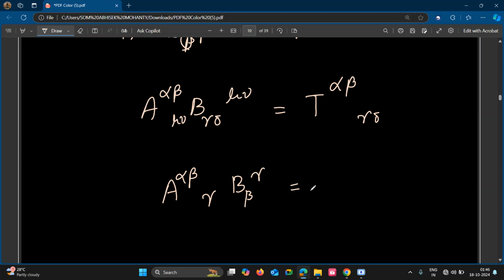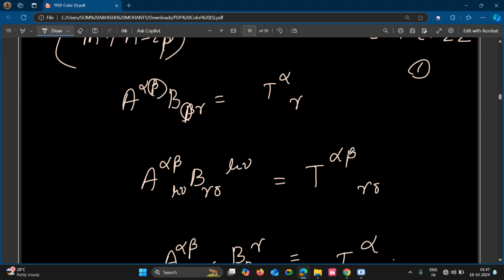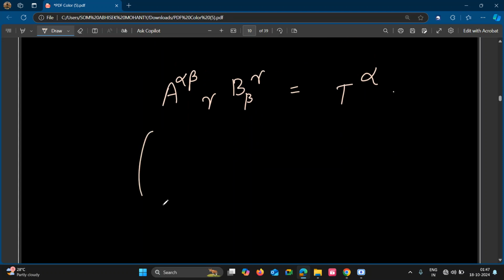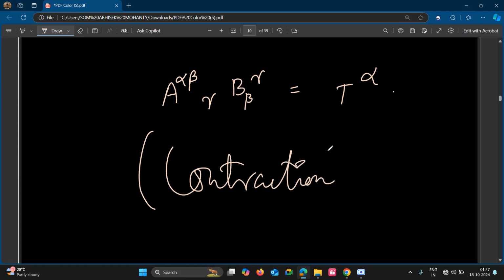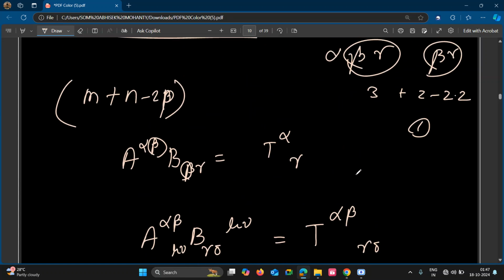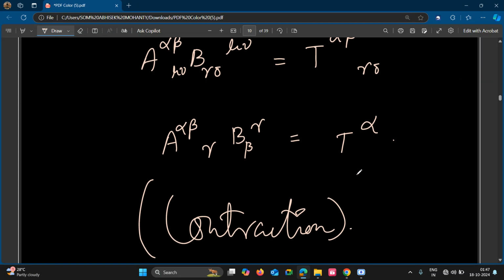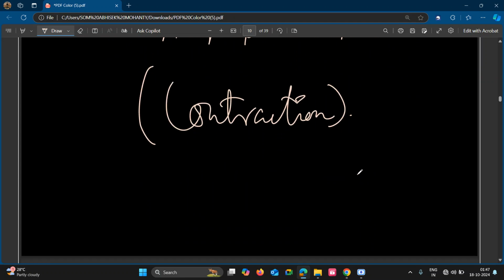What will happen? Gamma gamma cancel out, beta beta will cancel out, so it will be T alpha. Very simple. So this is your contracted product, this is called contraction. Simple contraction in tensors. If you understand it, it's very enjoyable. You love to cancel things out.